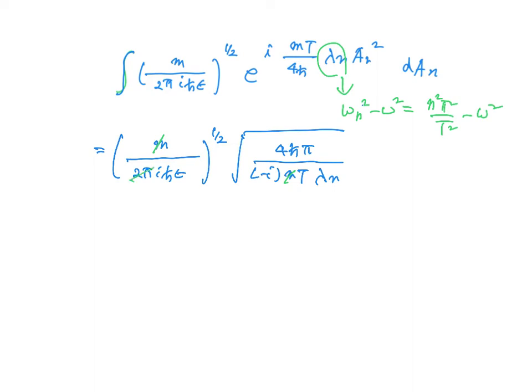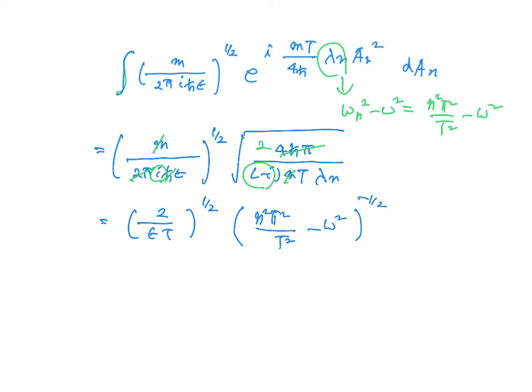This 2 pi h bar cancels the 2, and i over minus i cancels each other. So it becomes (2 over epsilon T) to the 1/2 times (n square pi square over T square minus omega square) to the minus 1/2.